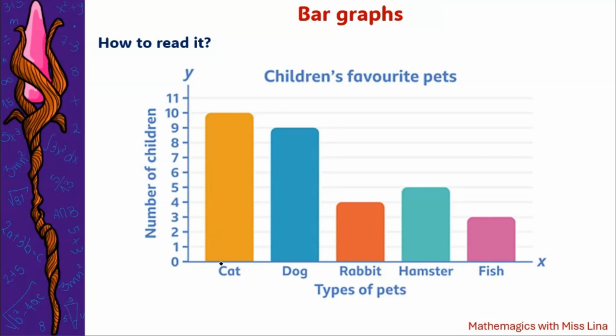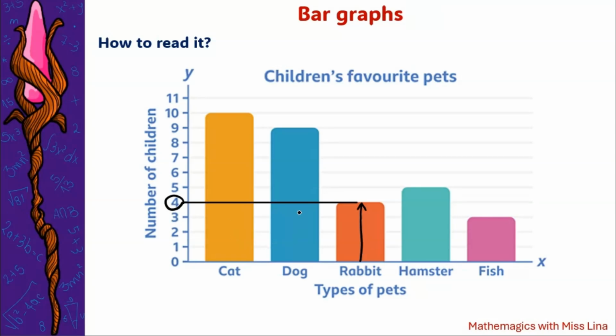Then the height of each bar is going to tell you how many children prefer cat, how many dog, rabbit, hamster, and fish. So, for example, if we want to know how many prefer rabbit, we just need to check how high is this bar. So notice that on the vertical axis we have some numbers that are going to tell us the amount of children.